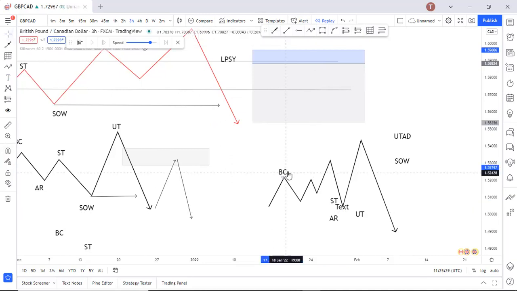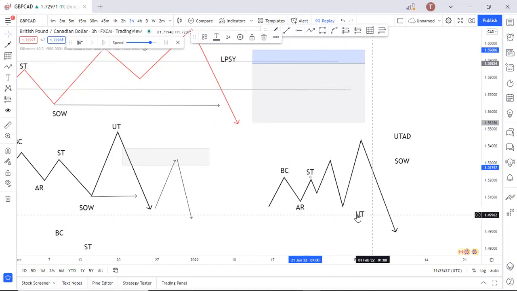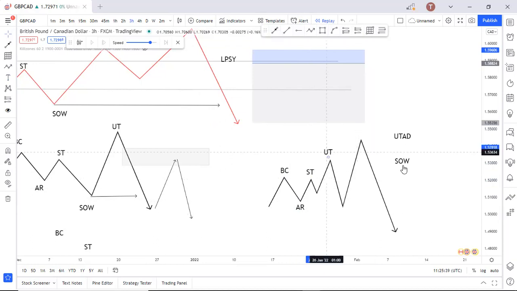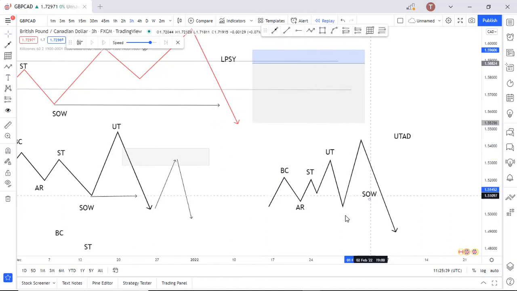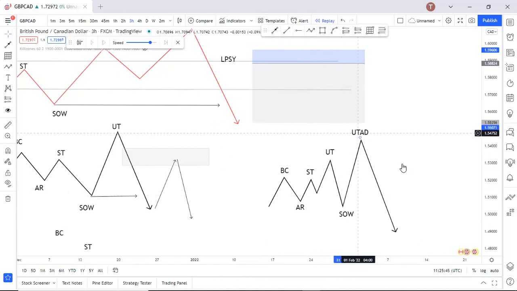So we may have scenarios like this where the UT gives the sign of weakness instead of the ST. But that doesn't mean this is not distribution.